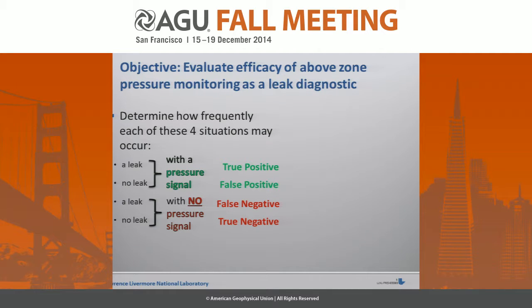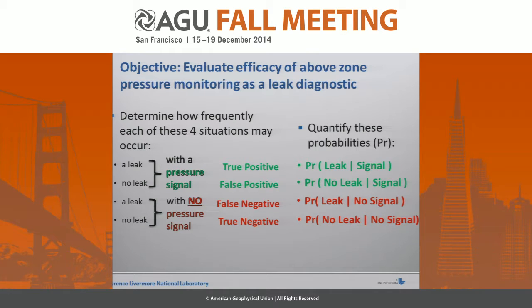Since I'm using synthetic data, we have a suite of simulations, so we can quantify the probability of experiencing a true positive or a false positive versus the true and false negatives. These probabilities are useful because you can use them in a value of information technique.